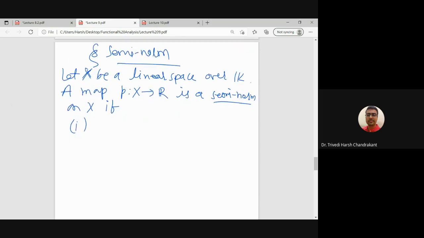if it satisfies two properties. So norm has three properties. Here we are taking two properties of that. First property is the triangular inequality. Second property is that norm of kx is equal to modulus k times norm x. So that property is this one.